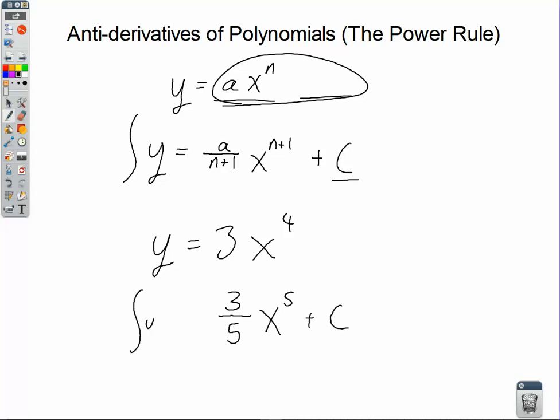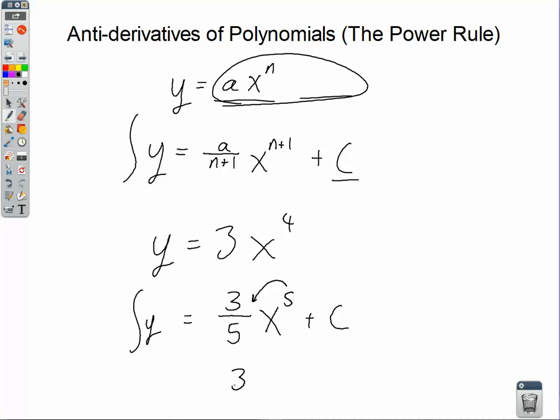So this is the integral of our function. Antiderivative. Let's not go integral yet. So this is the antiderivative of our function, 3x to the 4th. And we can always check it by taking the derivative using the power rule. So again, for the derivative using the power rule, you multiply the exponent times the coefficient out front. 3/5 times 5 over 1, we end up with 3.